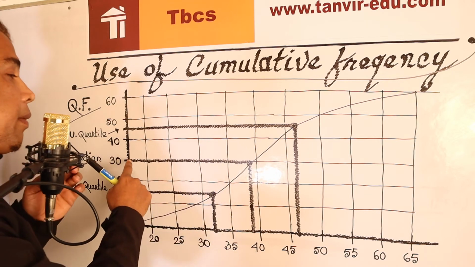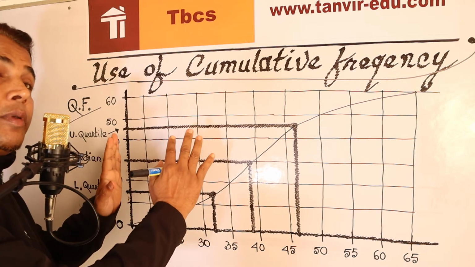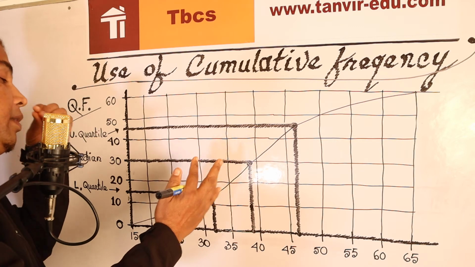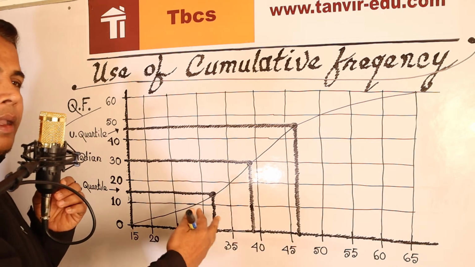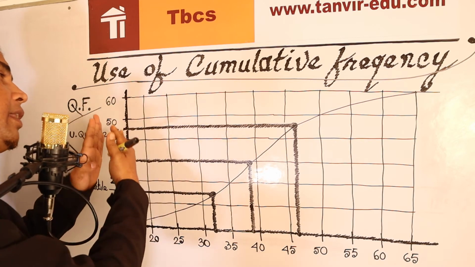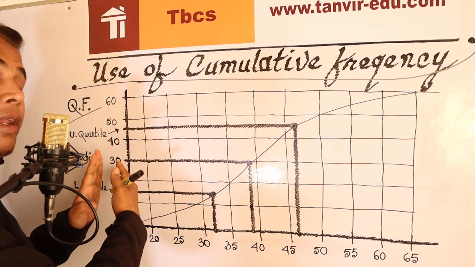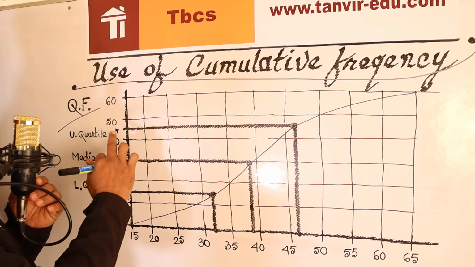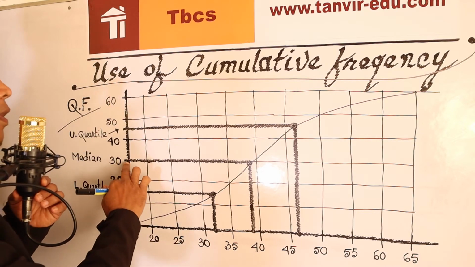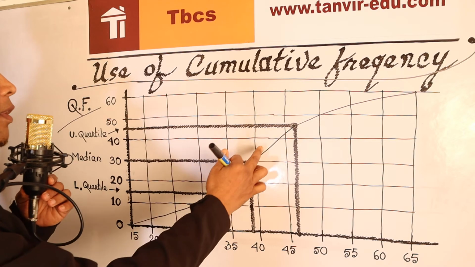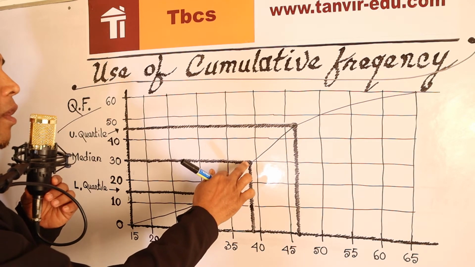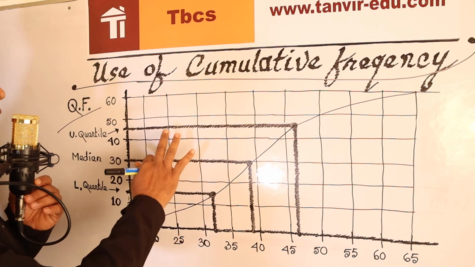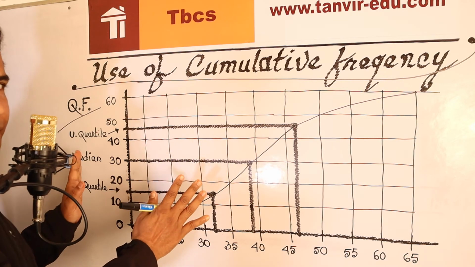So after drawing the graph, we start from the vertical line, the cumulative frequency, go to the median, the middle, then to the point on the graph, and from the point to the data, 39. So the answer is 39. Okay.